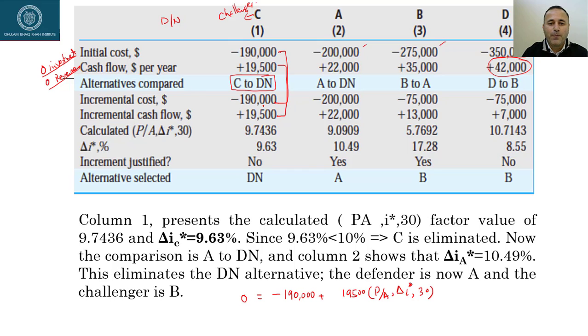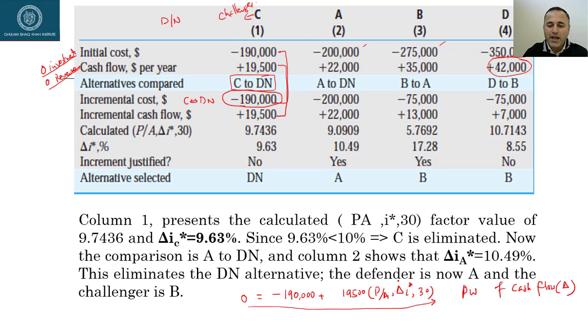Okay, so as I said, the incremental cash flow if I compare C with DN is minus 190,000, and the incremental revenues, if I move from DN to C, is 19,500. This is what is called the PW of the incremental cash flows.